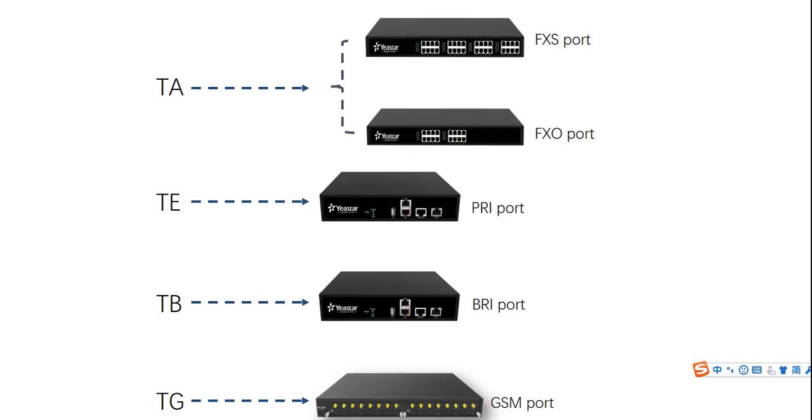Today we will give you an introduction over how to connect your gateways to PBX and how to route calls between your PBX and gateways. As a matter of fact, most of you guys know that gateways are usually used to expand interfaces for your telephone system.